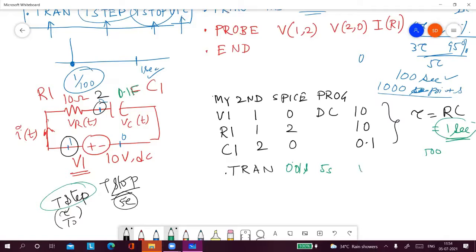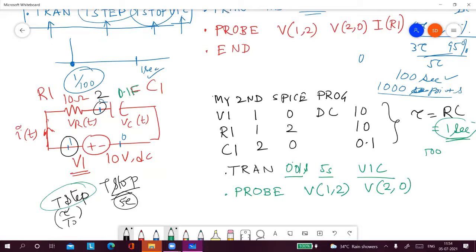Okay, now write UIC, using initial condition. This is the time step, final time, using initial condition. Then you write the statement to display the graph, that is .probe. Then the variable which we want to plot: the voltage across the resistance, which is connected between 1 and 2, V(1,2); then the voltage across the capacitance, which is V(2,0); and the current.